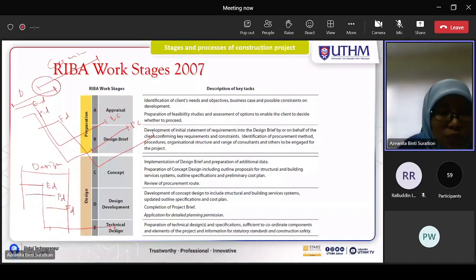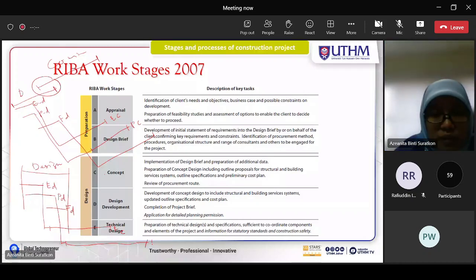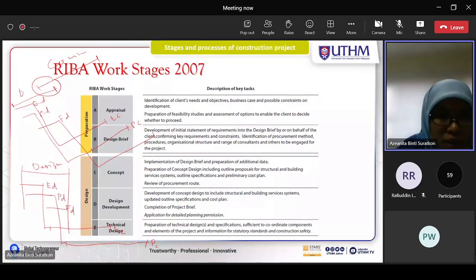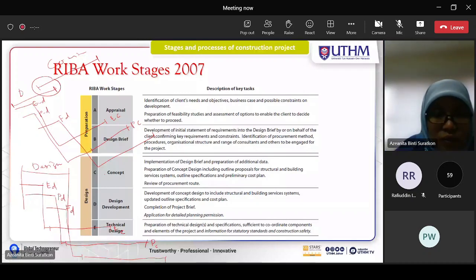The same goes for pavement: this is maybe the tender process, calling for the subcontractor, and then this is the pavement work. Finally, for road furniture, they complete the design, call for tender, and then continue with the construction.